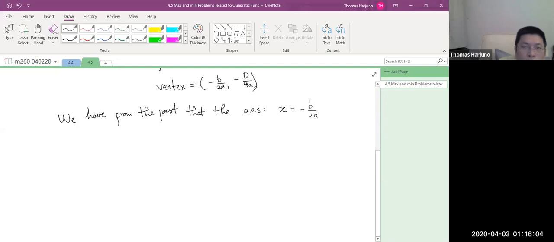Now I want to show that when I plug this negative b over 2a into the function, I will get negative D over 4a as the result. So f(x) equals ax squared plus bx plus c.